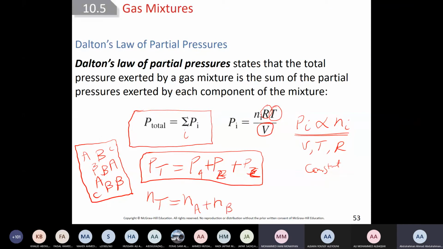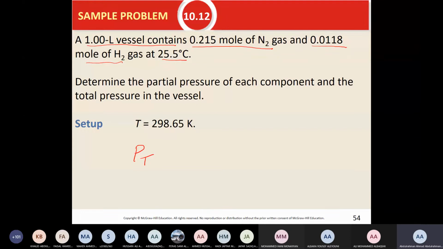Is this clear? So this is related to Dalton law. Let's solve this problem.